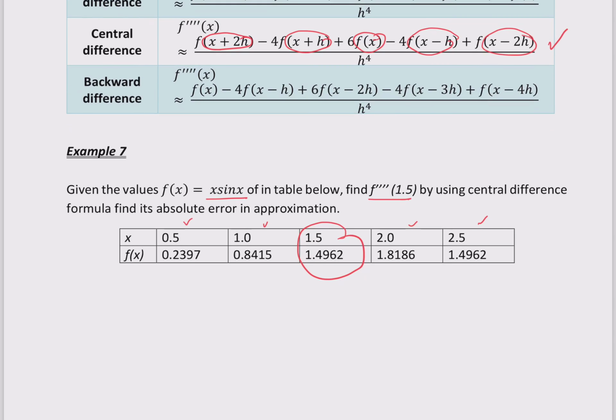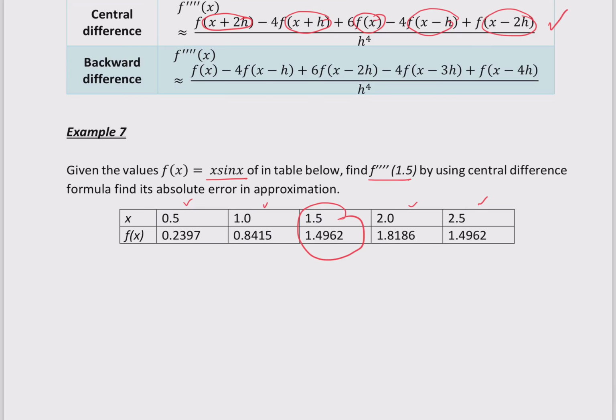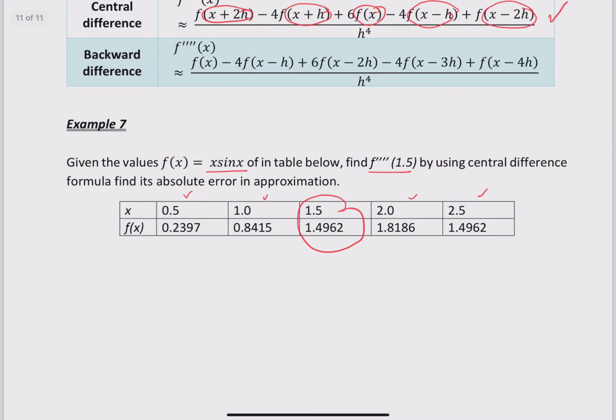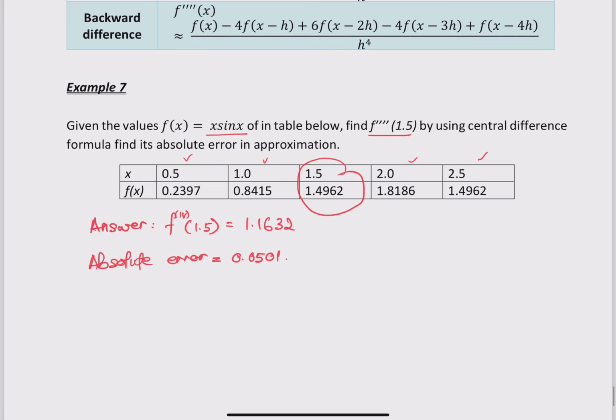The answer when you calculate the fourth order, f fourth when x is equal to 1.5, you will get 1.1632, and the absolute error is equal to 0.05. Okay, alright.